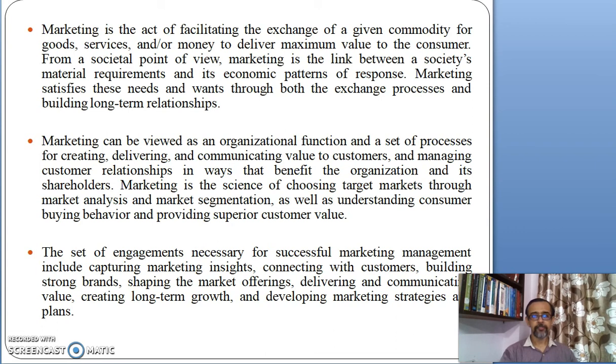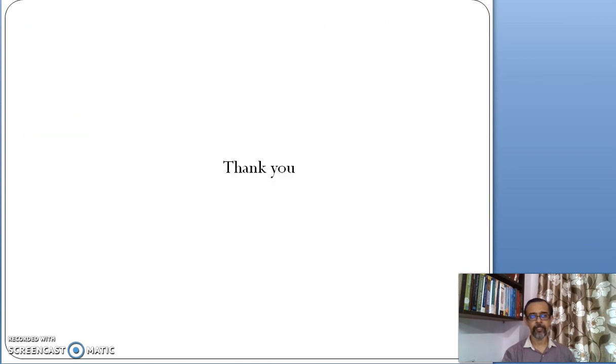So all these aspects provide us with a clear view that marketing is a big subject which includes every aspect from making awareness about the product up to providing value to the customers. So in my upcoming presentations, I will be explaining in detail about this particular aspect called marketing management.